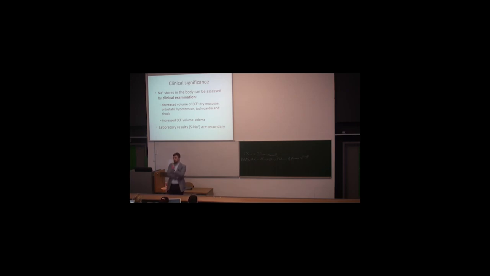So if you see a patient that has big edemas, big ascites, you know that there is an actual accumulation of sodium and water in the body, and the plasma value can be almost normal. And if you give diuretics, you will of course remove sodium from the plasma compartment, that's true, but there will be a movement of sodium and water from those edemas, from those accumulations, to the plasma.